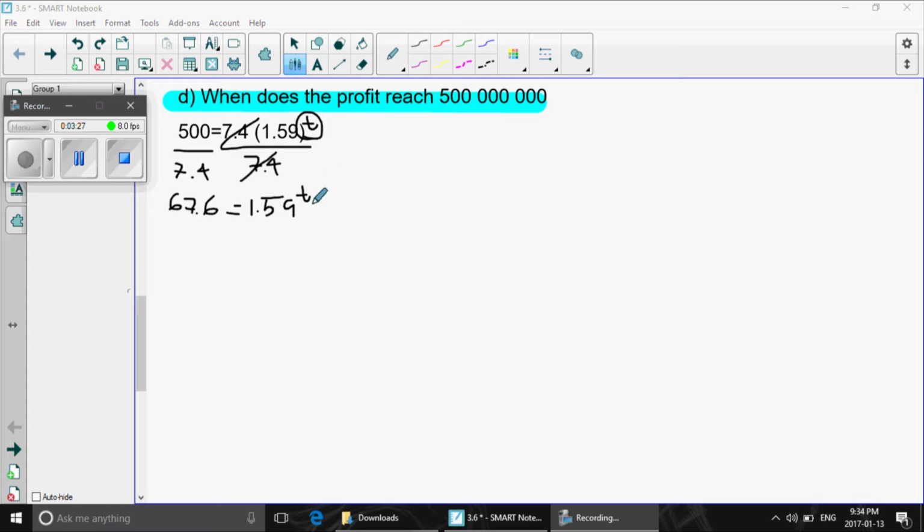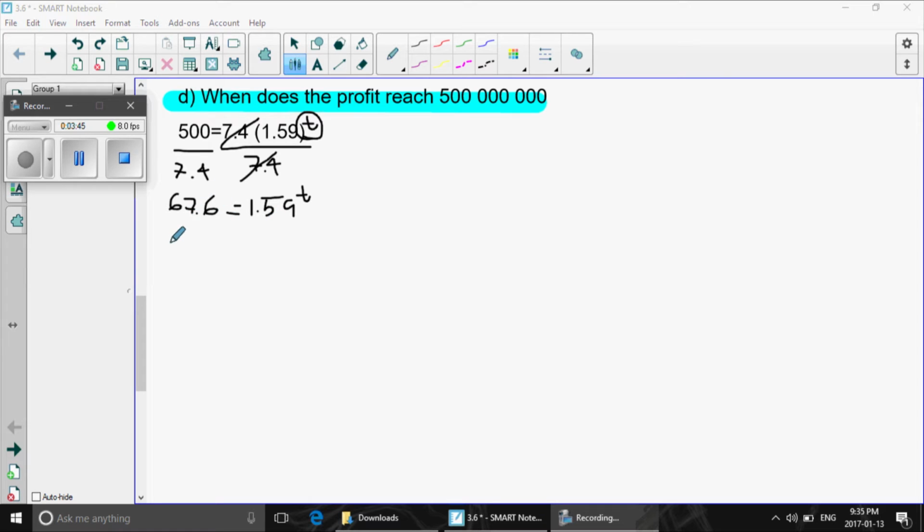Now, in order to bring down an exponent in order to solve for it, you're going to need to use a log function, which is also on your calculator. So just like dividing, multiplying, whatever you do to one side of the equal sign, you're going to need to do to the other.